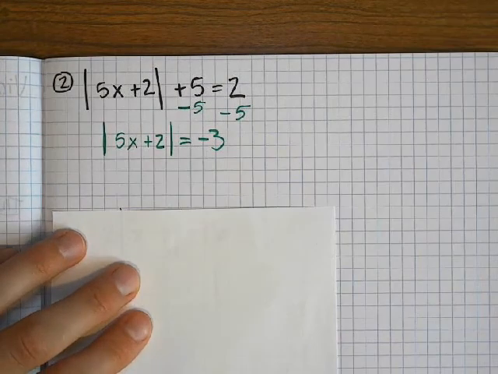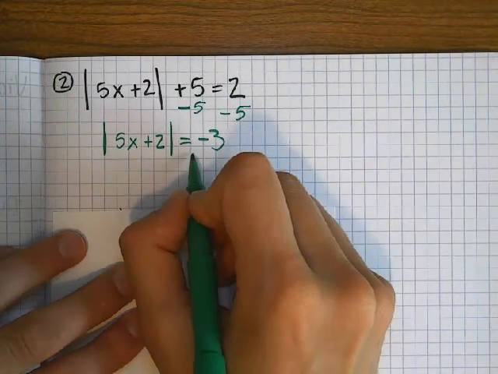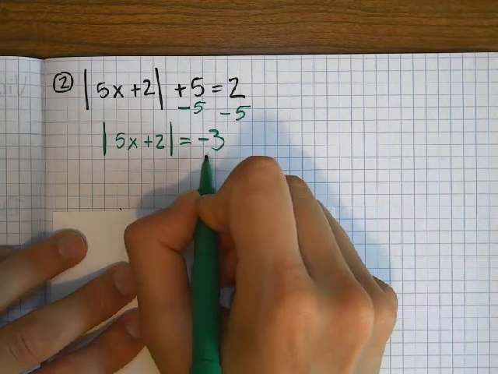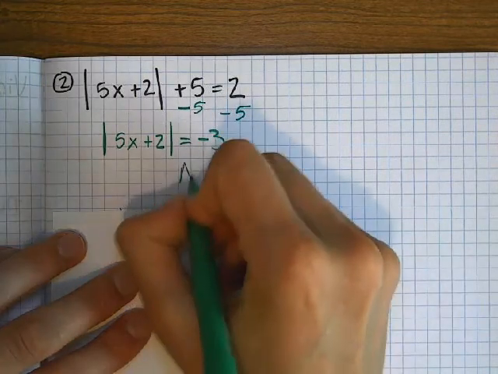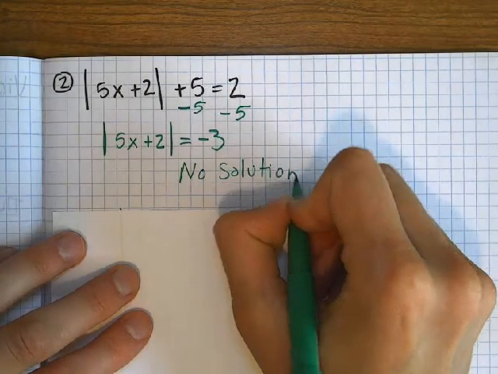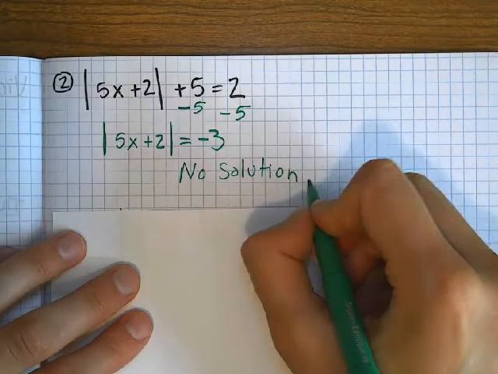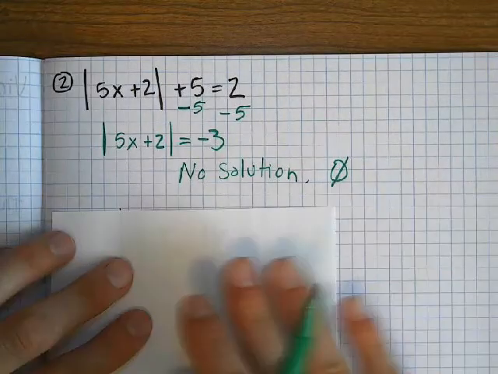Now I can go ahead and solve this, but it'll save us some time if we realize that this is negative. Earlier we said absolute value can't equal a negative number. So this actually has no solution. You can write out no solution, or you could write that circle with a line through it. Those mean the same thing.